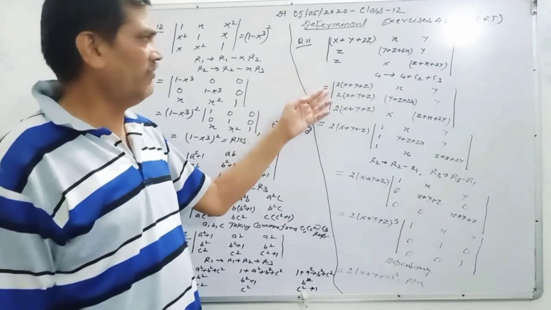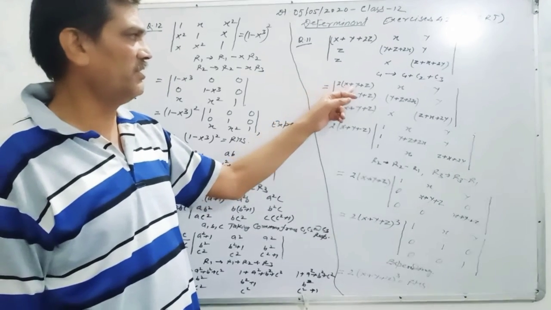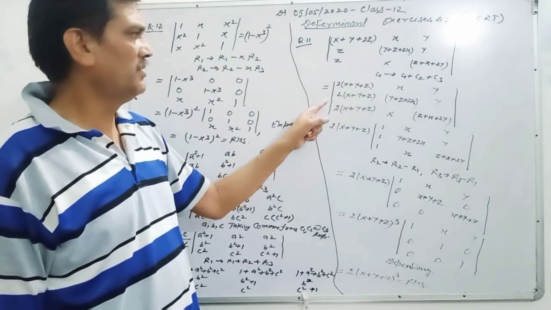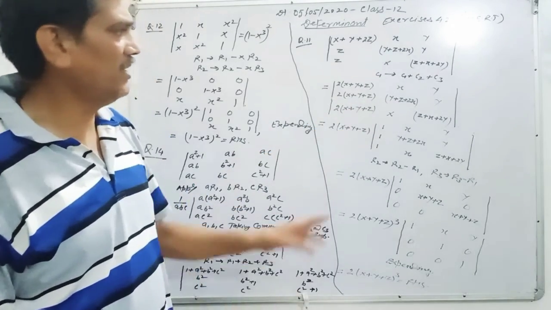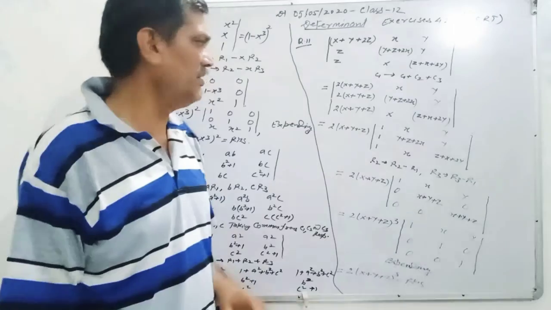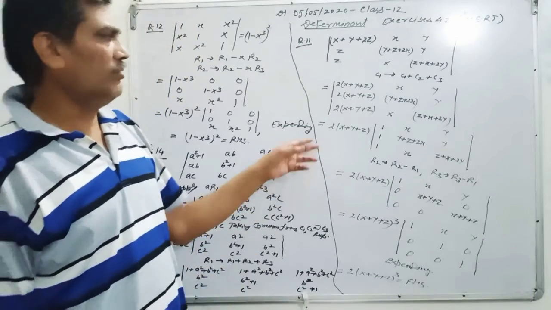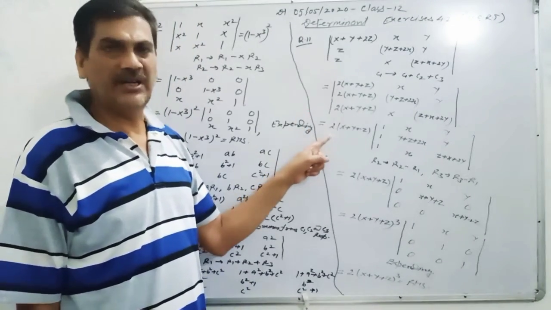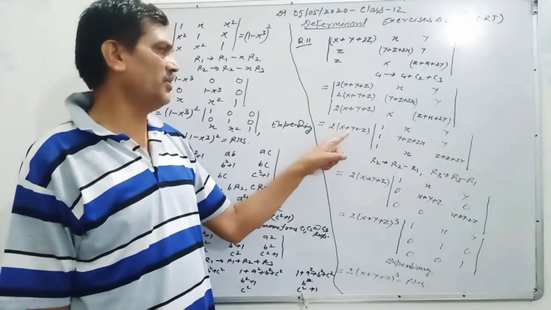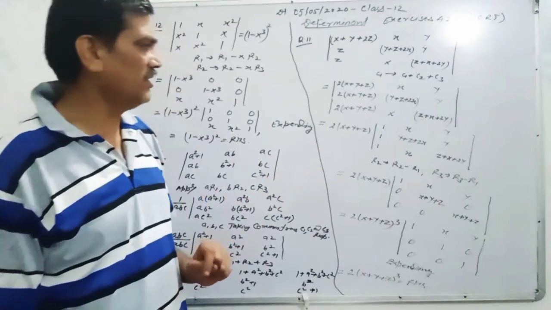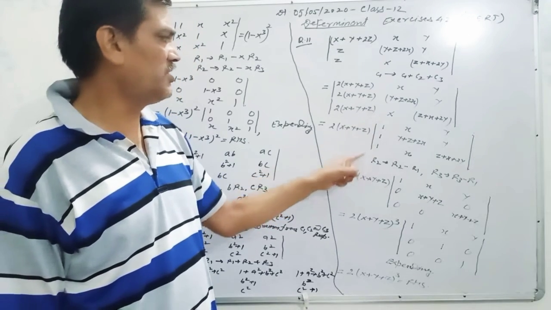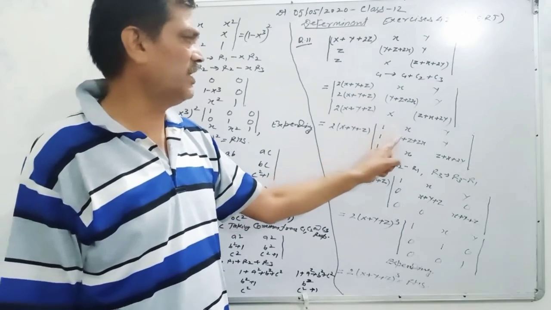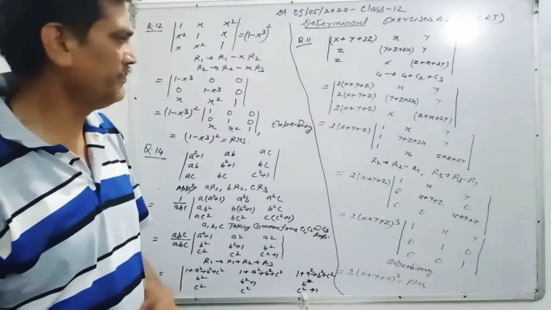So you will have in C1 2 times of (x plus y plus z), x plus y plus z, 2 times of (x plus y plus z), and remaining C2 and C3 will be same. Now from C1 you can take 2 times of (x plus y plus z) common. After taking common, you will have in determinant first column 1, 1, 1 and second and third are same.